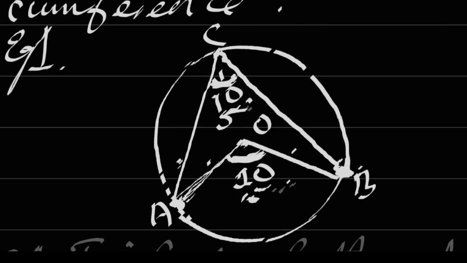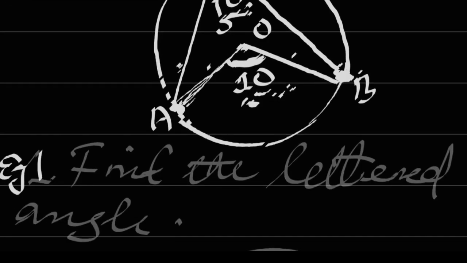So if you are given angle at center to find angle at circumference, you will divide by 2, because angle at center is twice that of circumference. Or if you are given angle at circumference to find angle at center, you will multiply it by 2. And that's the logic. So let's solve an example so that we can see it.